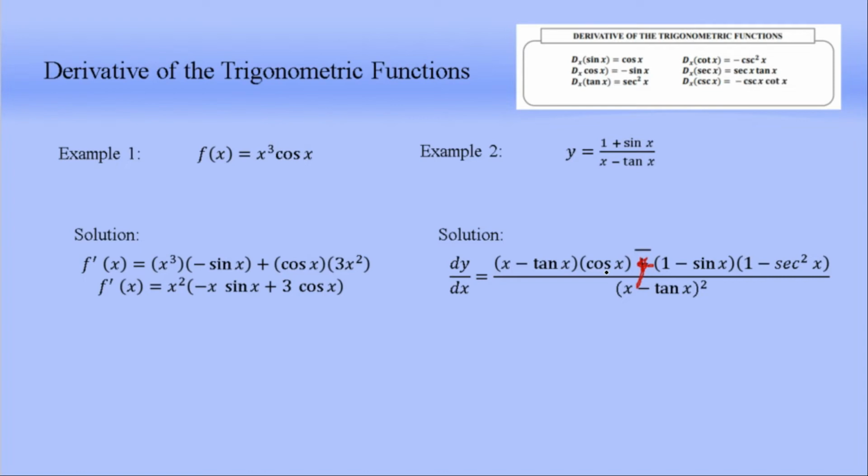Again, the quotient rule formula is the derivative of g of x times f of x minus f of x times the derivative of g of x over the square of g of x.